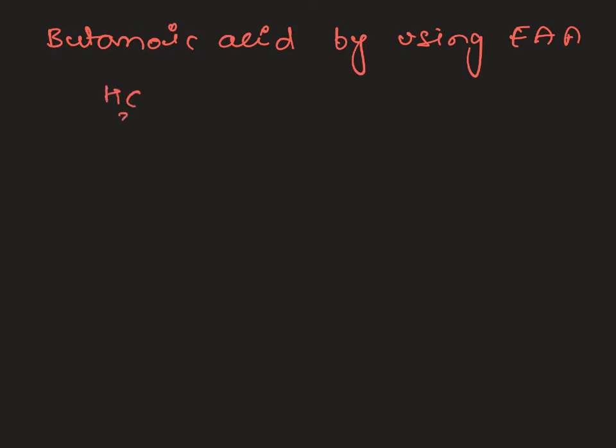Butanoic acid is a 4-carbon carboxylic acid. How can we prepare butanoic acid by using ethyl acetate? And this is the part you have to do in the assignment.